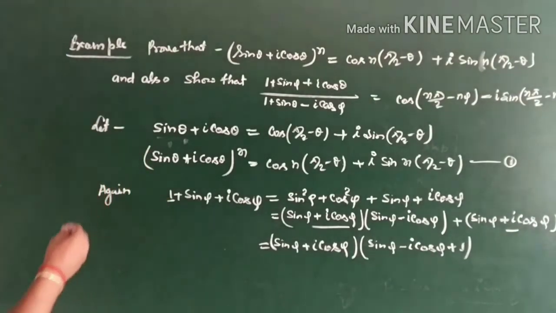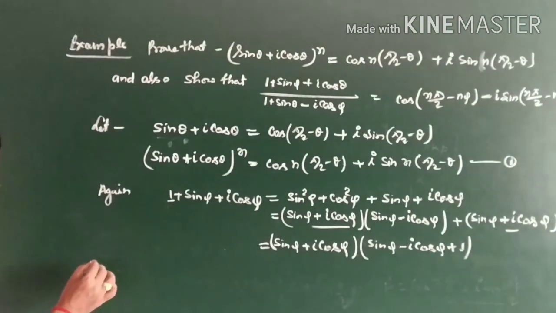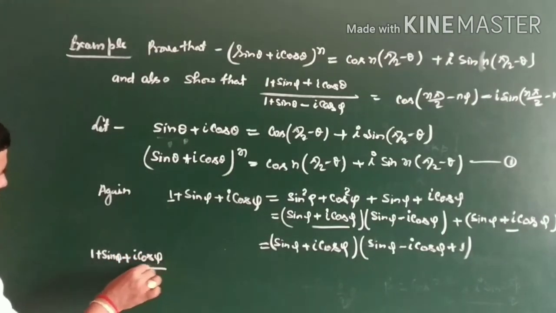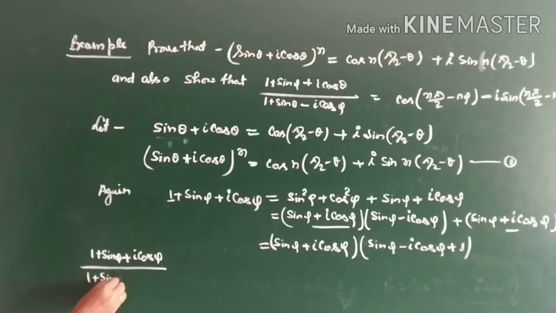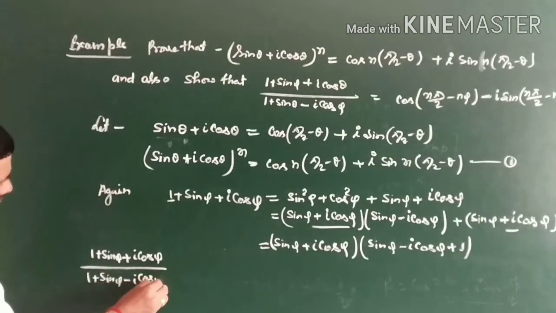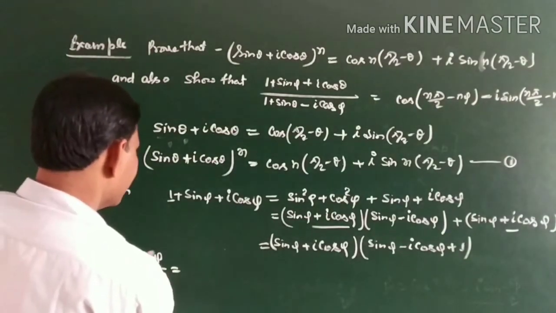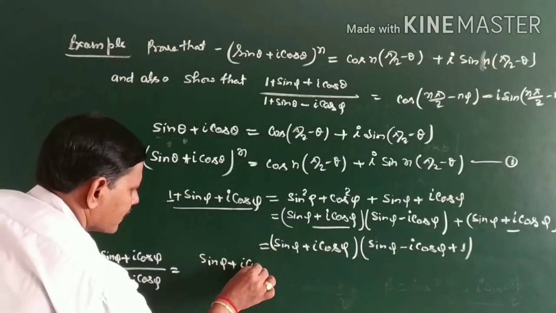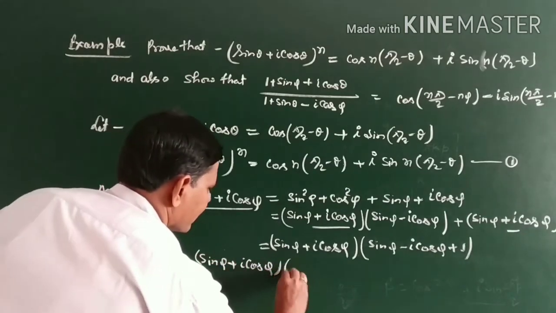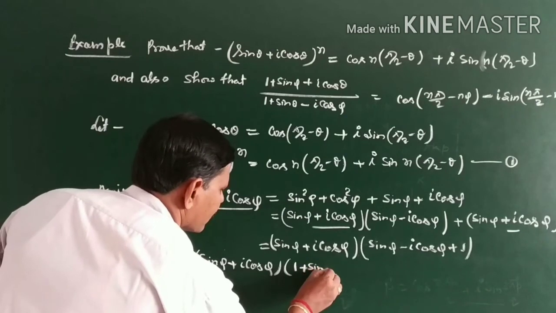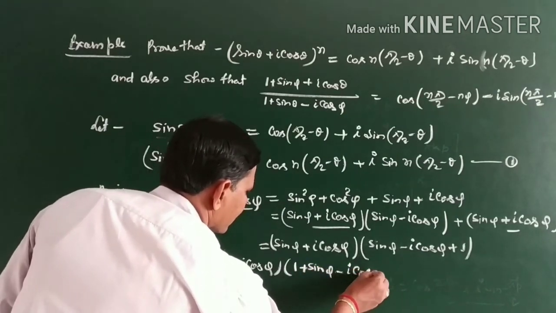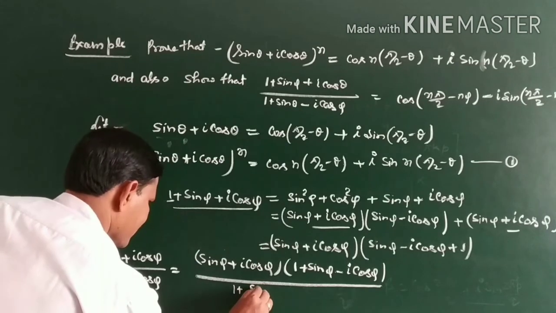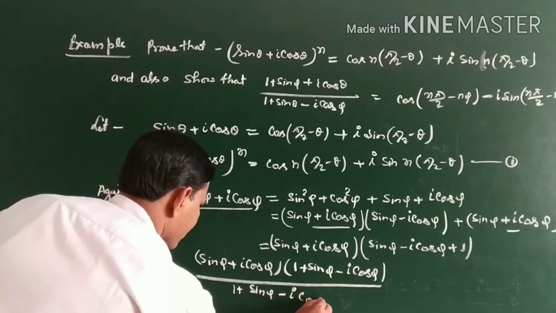Then (1 plus sine phi plus I cos phi) divided by (1 plus sine phi minus I cos phi) is found to be (sine phi plus I cos phi) times (1 plus sine phi minus I cos phi) divided by (1 plus sine phi minus I cos phi).